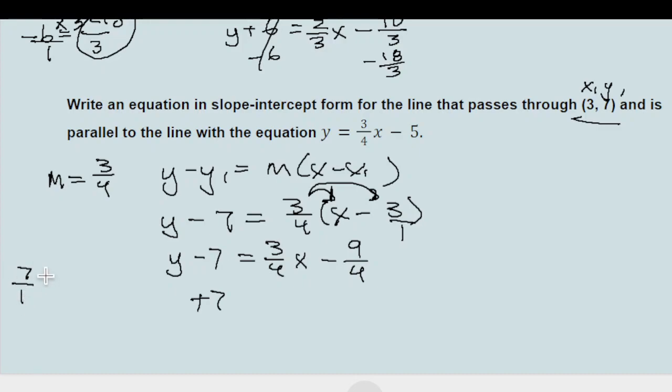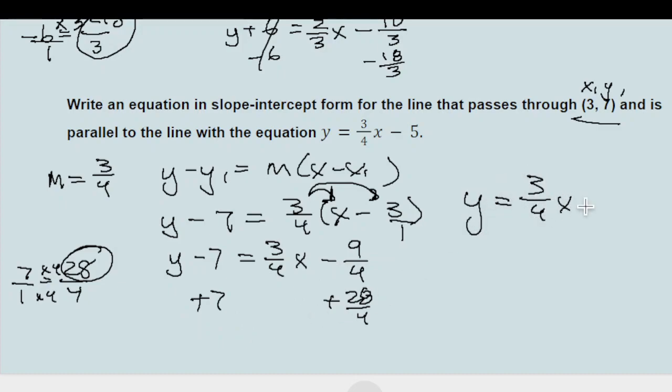So 7 over 1 is equal to however many fourths; multiply by 4 to get that. 7 times 4 is 28, so we are going to add 28/4. Because it's a fraction, you keep your denominator the same, and we do 28 minus 9, which is 19. So my finished answer is y equals 3/4 x plus 19/4.